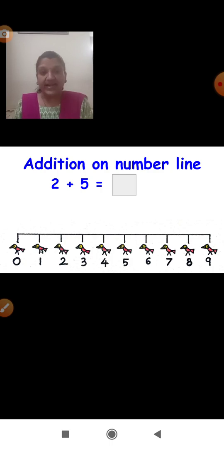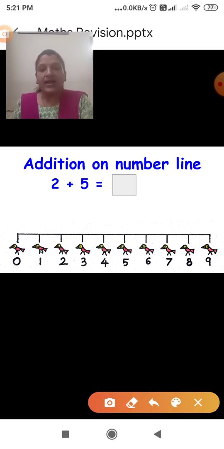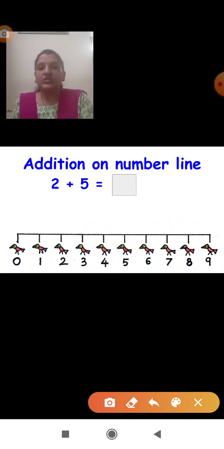Now we will get the answer with the help of the number line. For this, we have to see the first number in the sum. Which is the first number? Number 2. So we have to go to number 2 on the number line.